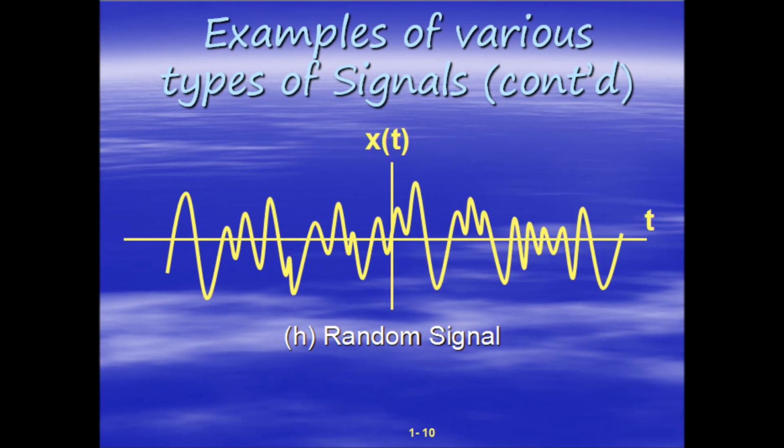And more generally, we have random signals. We have no idea what's going on, totally random. For a random signal, we care much more about its statistical parameters, such as power and mean value.